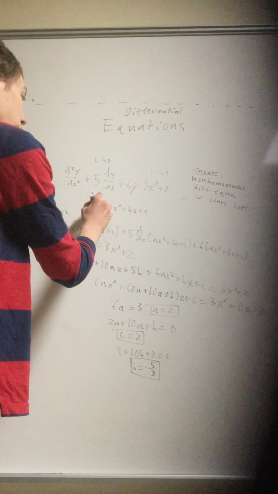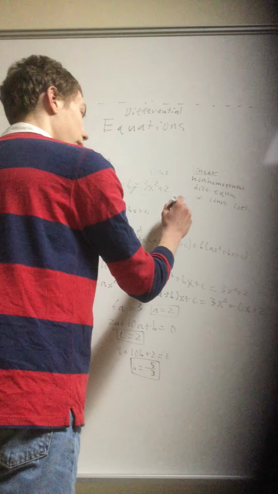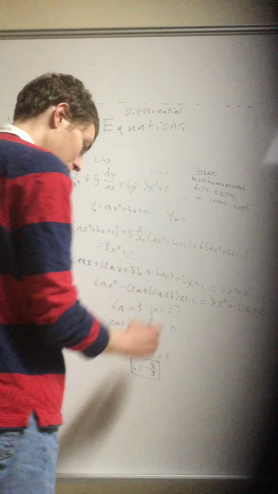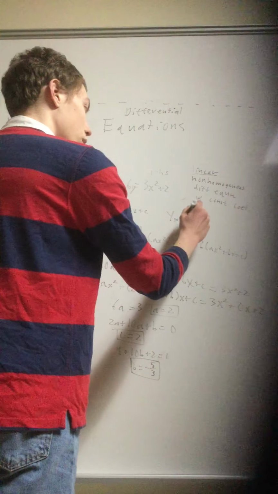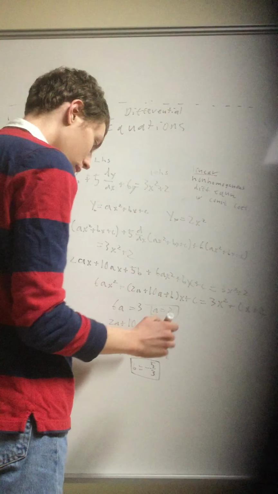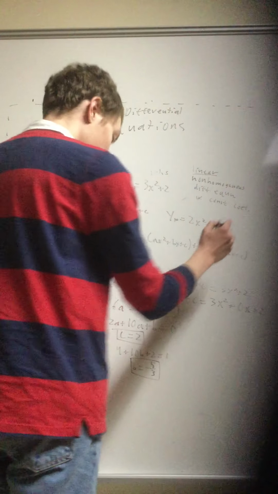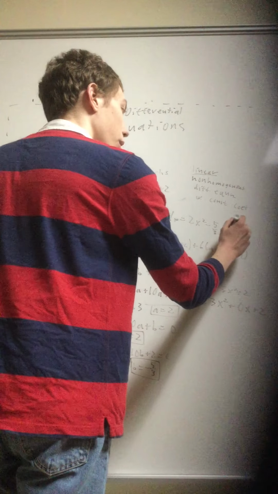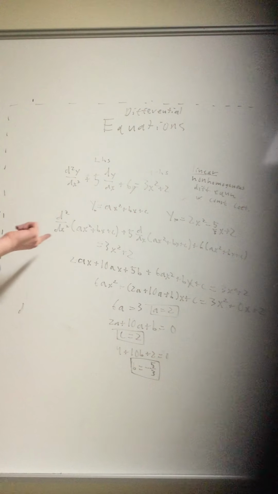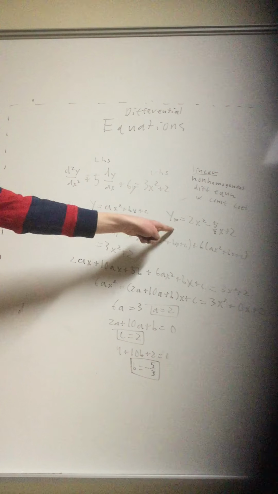This is our guess for the particular solution. So we have y sub p equals 2x squared minus 5/3 x plus 2. And now, this is our particular solution.